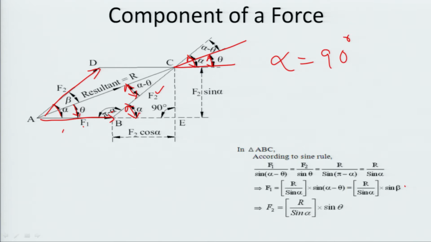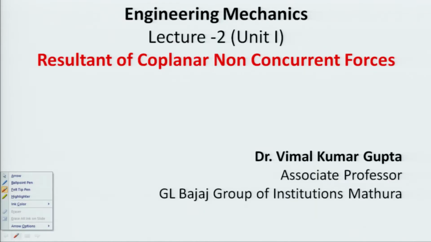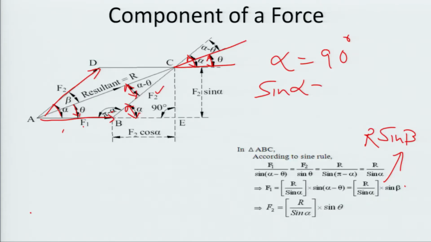F1 value will be R sine beta divided by sine alpha, and sine 90 is equal to 1.